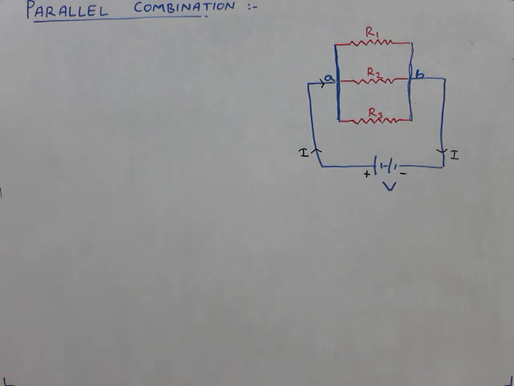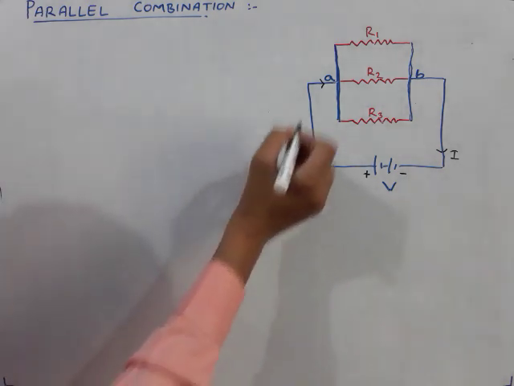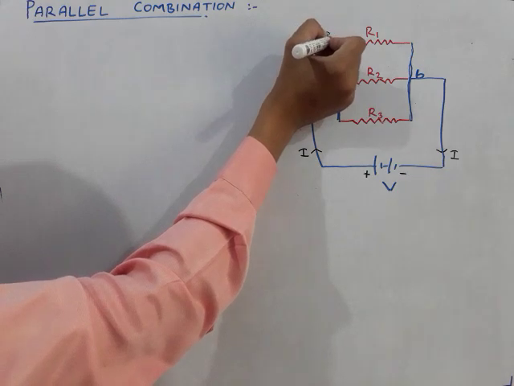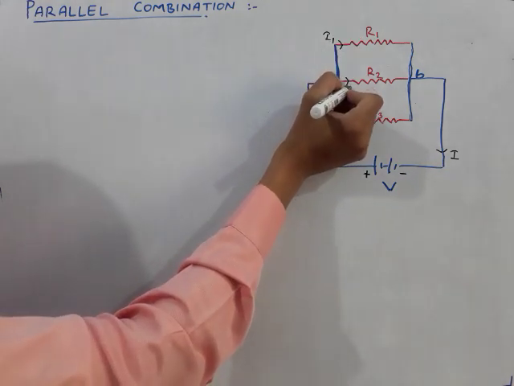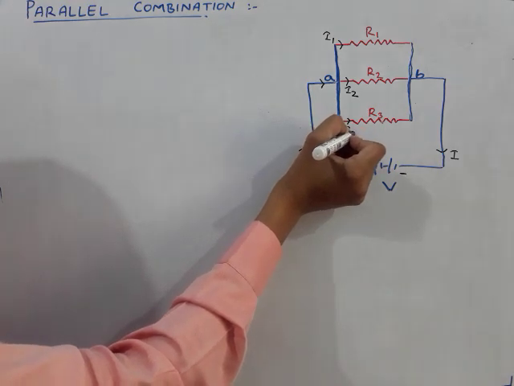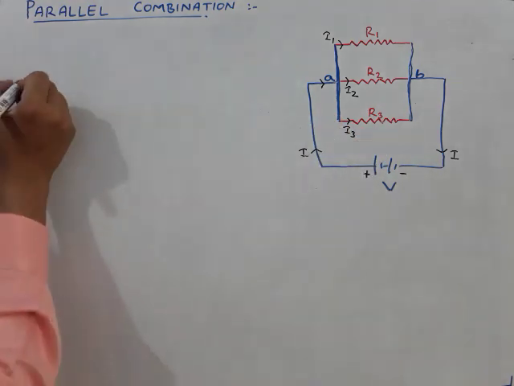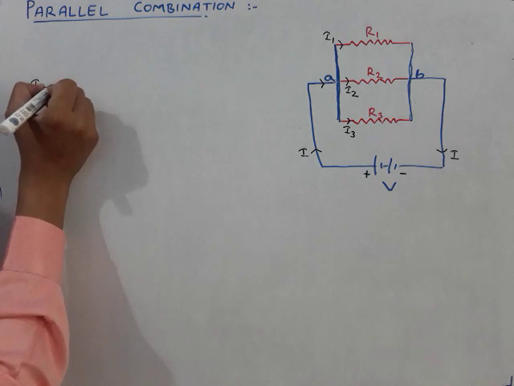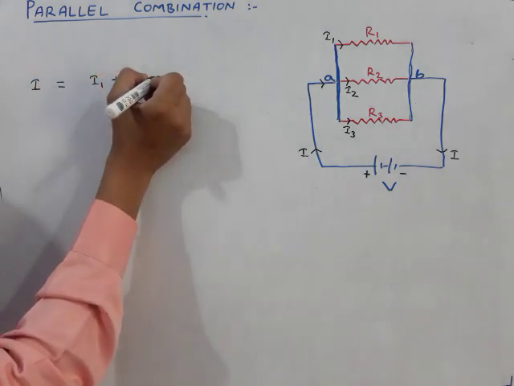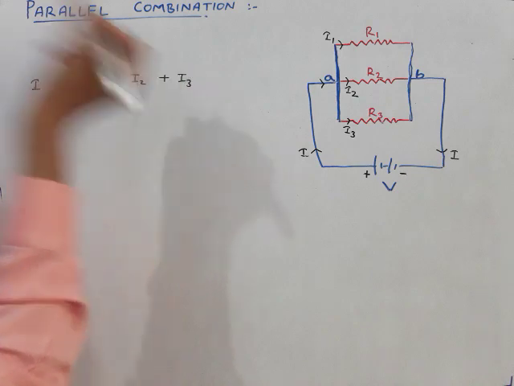Out of I, suppose through this path the current is I1, through R2 the current is I2, and through R3 the current is I3. So I can write the total current in the circuit I is equal to I1 plus I2 plus I3. No doubt in this.